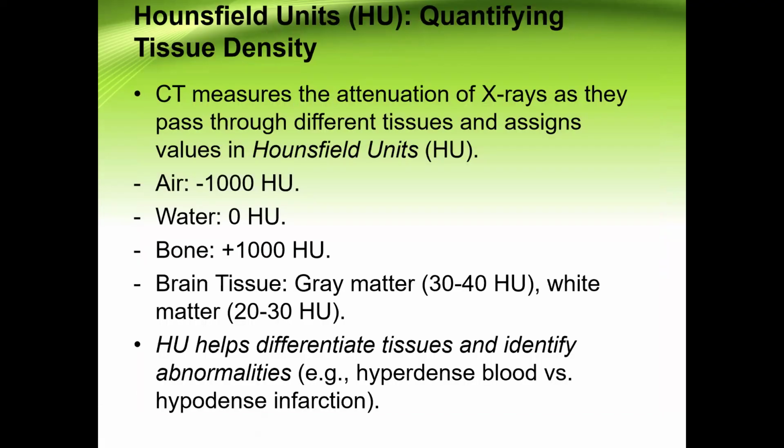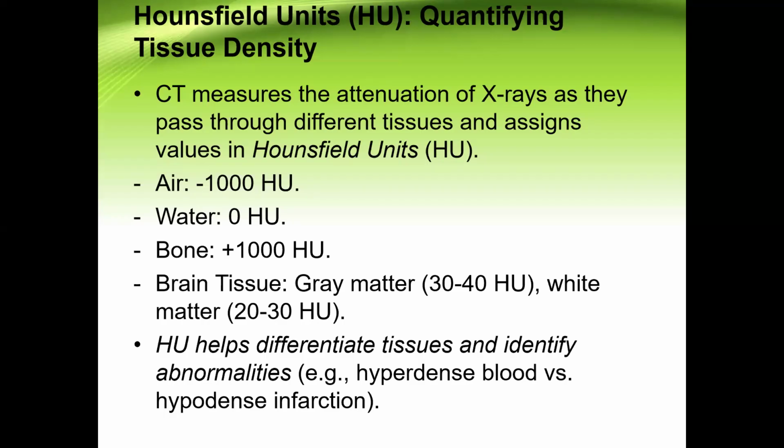Okay, so Godfrey Hounsfield was credited with the units. They call it CT units or Hounsfield units. It measures the different tissue densities, and they are used to identify different abnormalities.